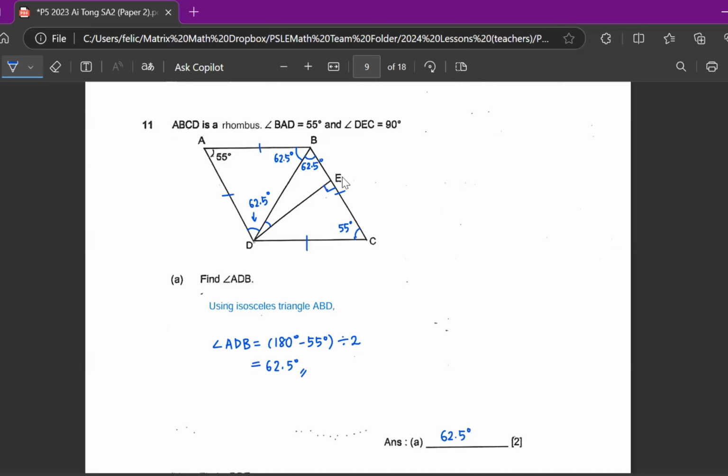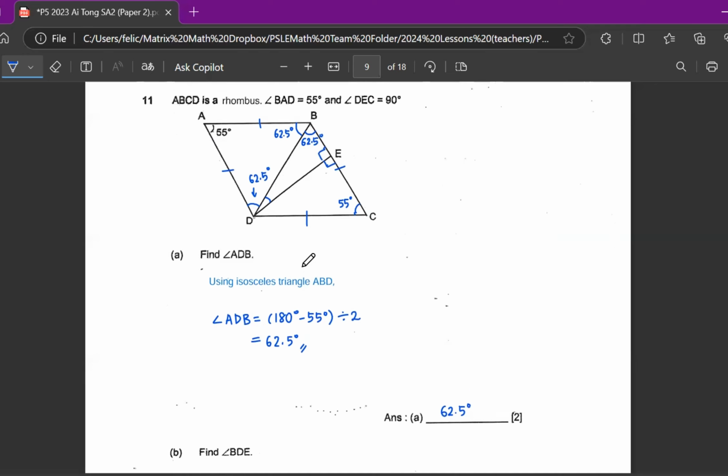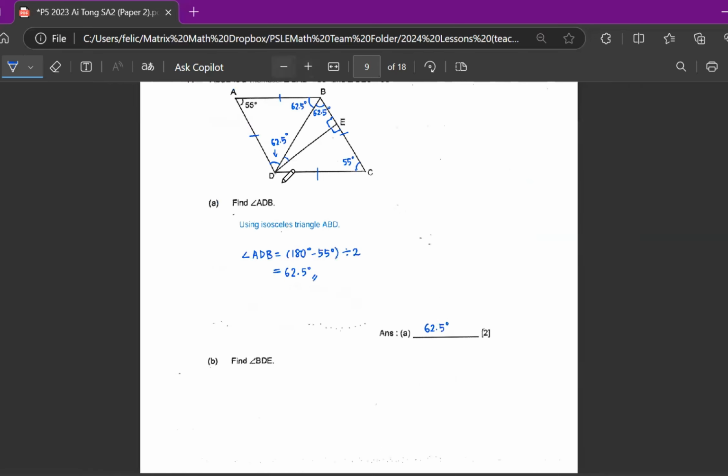We also know this is a right angle over here. Because it is a right angle, this one is confirmed a right angle, 90 plus 90 is 180 on a straight line. Can you see now finding angle BDE is really simple because you can work with triangle BDE. You have these two corners really. I'm just going to zoom this out.